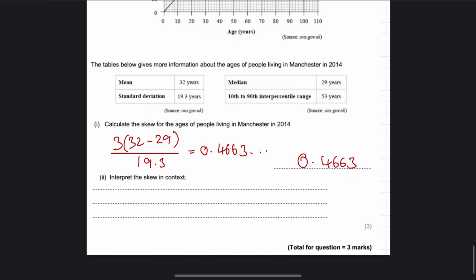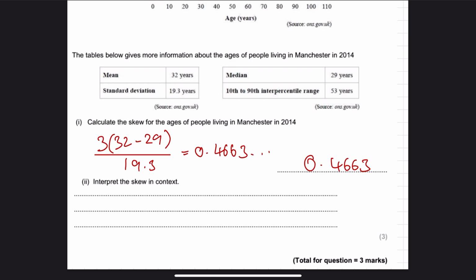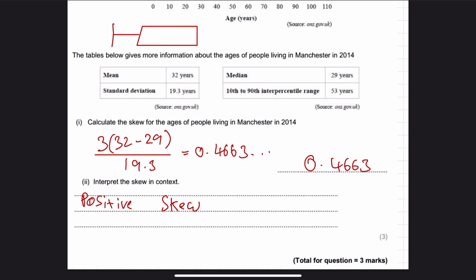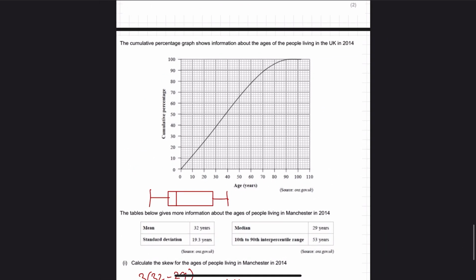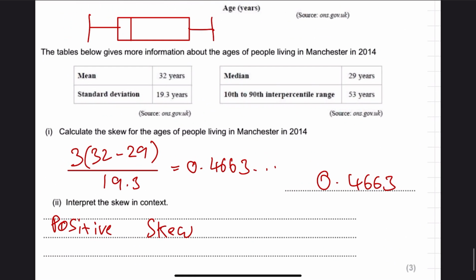And now interpret the skew in context. Okay, well, we got positive skew. And if I were to draw a box plot, it would look something like this. So I would say, what are we talking about? Age. Information about the age of people living in the UK.